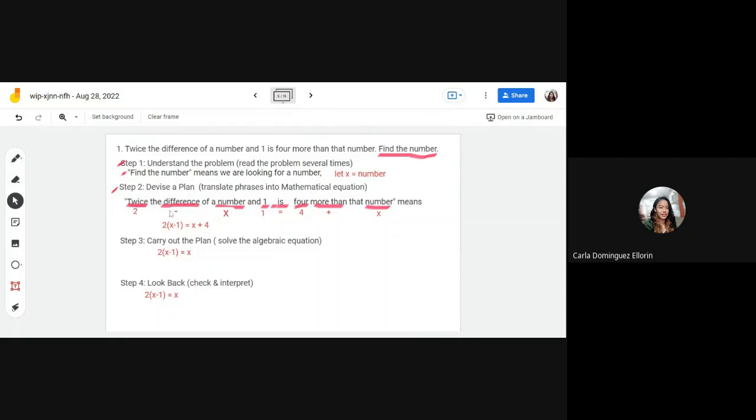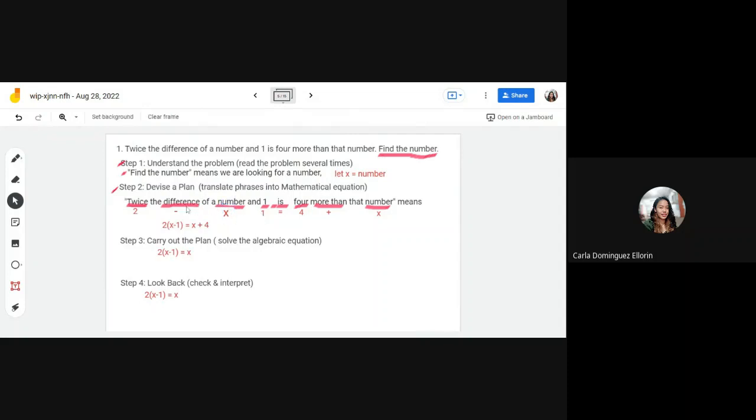In the first one, twice. That means two times, so times 2. The difference is what we get when we subtract, of a number. We said the number, we represent it as x since we still don't know the value of that number.